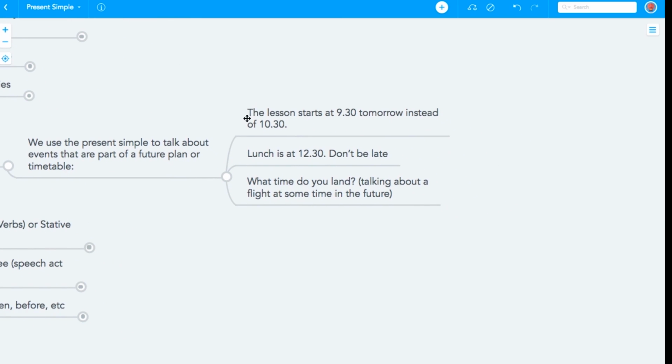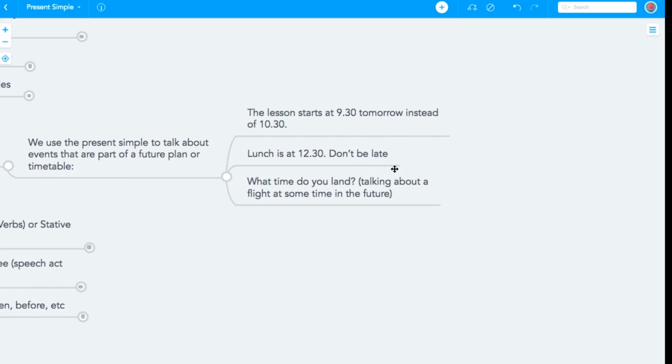As we can see on this example, the lesson starts at 9:30 tomorrow instead of 10:30. Here, as we can see, our subject lesson is being conjugated by the verb starts, which is simple present. Tomorrow gives it a context of future, and the emphasis is 9:30 tomorrow.